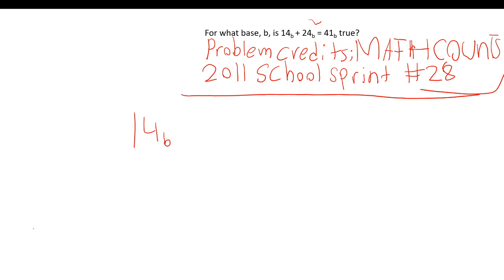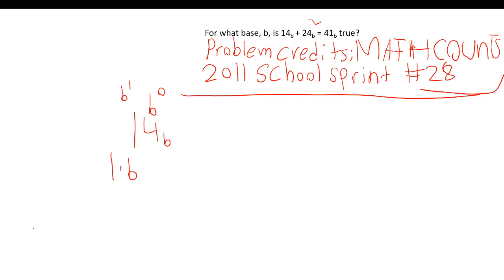Now our first step, when we see a base that's not 10, is to convert it to base 10. So that's what we're going to do. Now this is b to the 0th power, and this is b to the 1st power. Now we can simplify this.